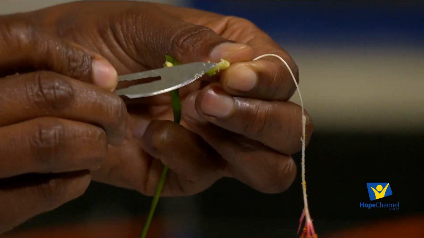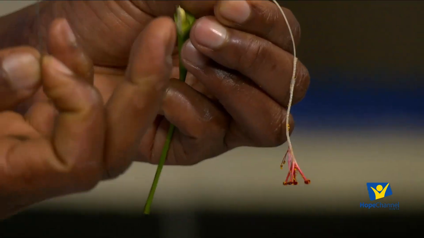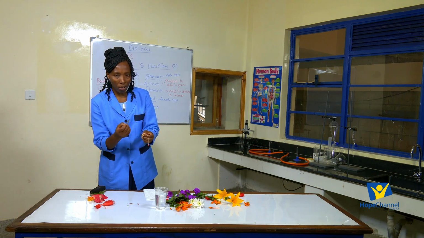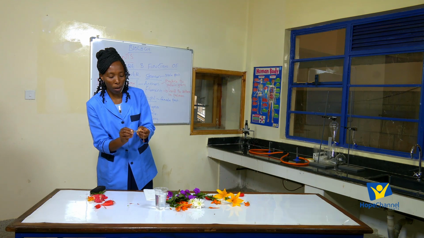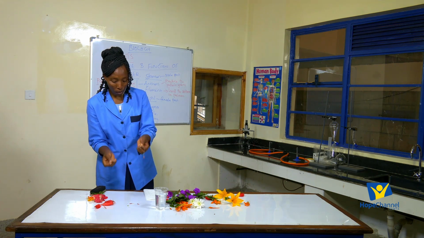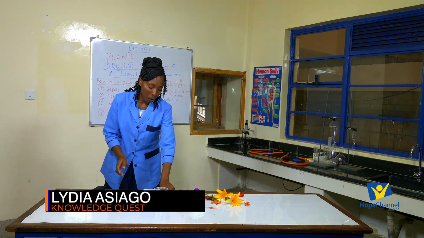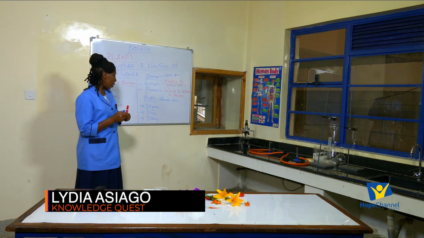So I believe at your own time, you can try and get a flower, try to explore the parts of the flower, try to see if you can be able to identify the female part of the flower and the male part of the flower. So at that point now, we can go back and state the functions of those parts that we have identified.